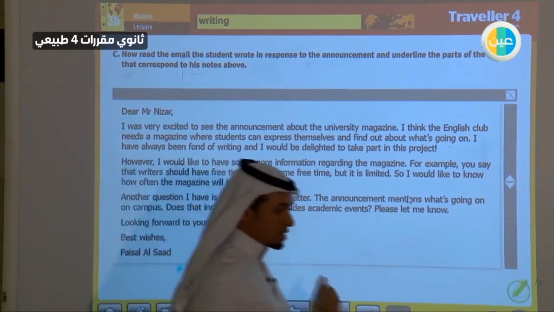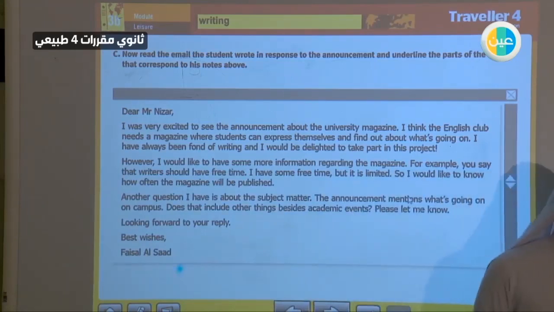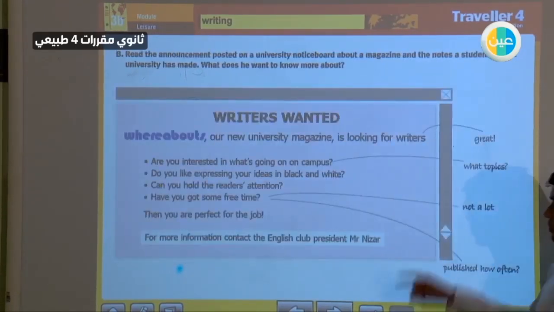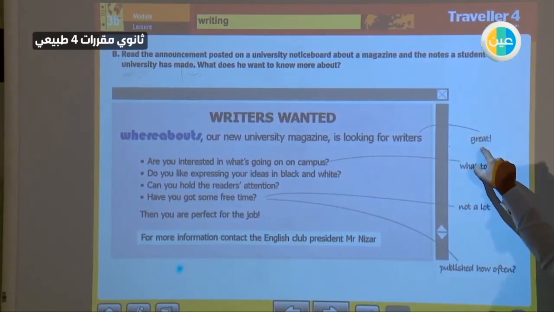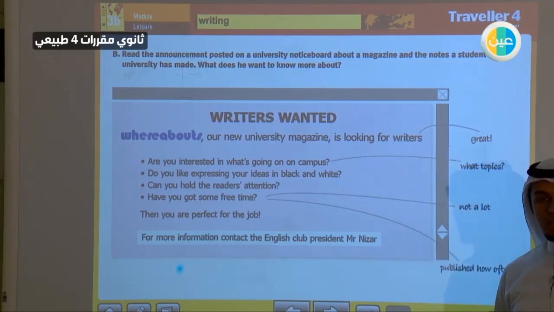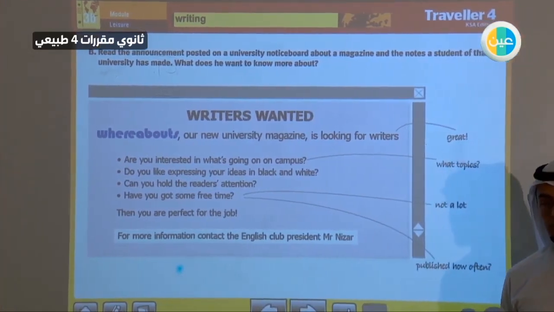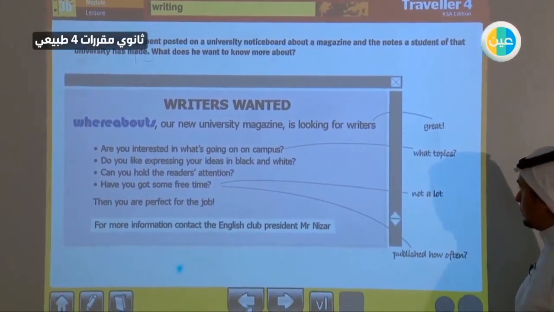So after Faisal wrote this, he wrote it after the notes he wrote about the announcement. Here he wrote "great", which is when he wrote the email, he said I am delighted, I'll be very happy to participate.